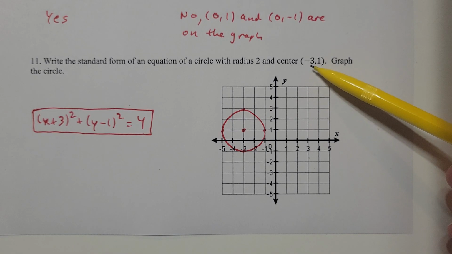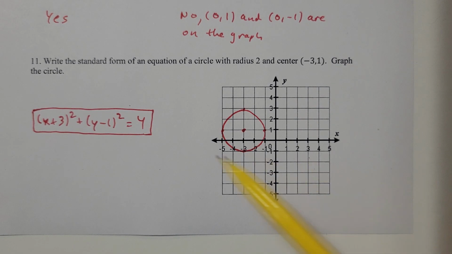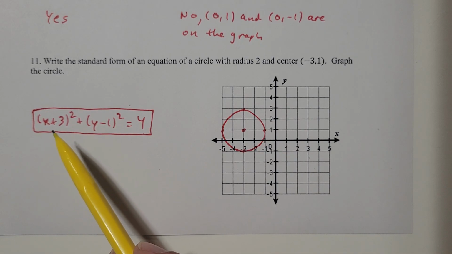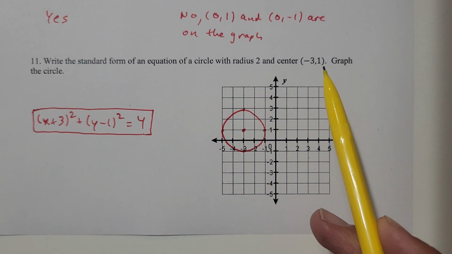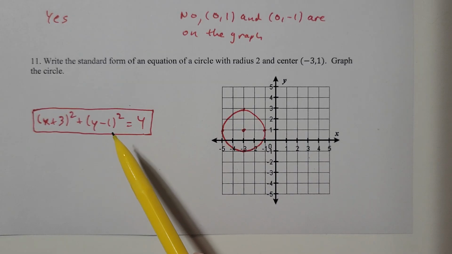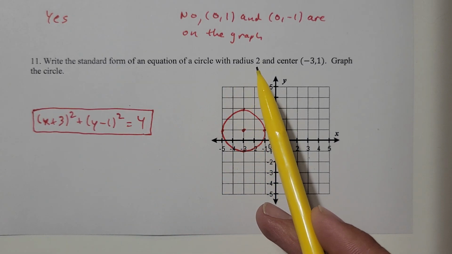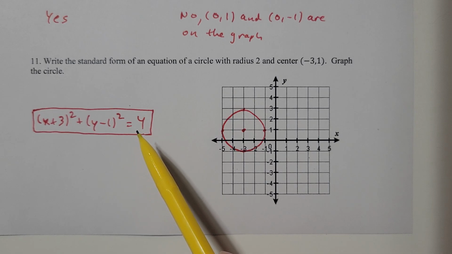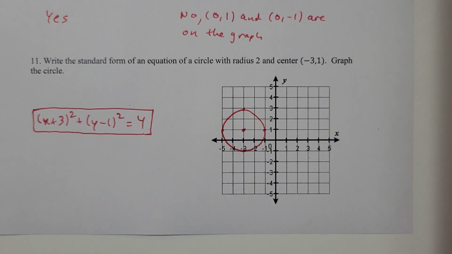Okay, so h is negative 3 and k is 1. So x minus h, x minus a negative 3, that's the same as x plus 3, squared, plus y minus k, y minus 1 squared, equals r squared, or the radius is 2, so 2 squared is 4. Okay, that would be the equation that I'd circle, okay?